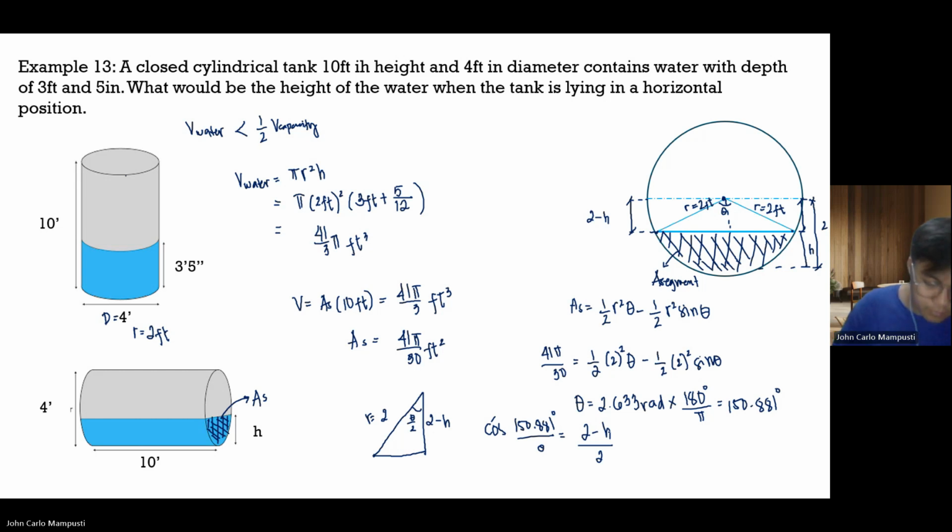Cosine of 150.881 divided by 2. Okay, don't make a mistake, put this in parentheses. Okay. Therefore, h is equal to 1.497 feet. Okay? So, that's all. That's how we get the height. Okay?